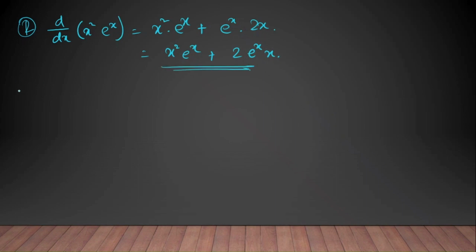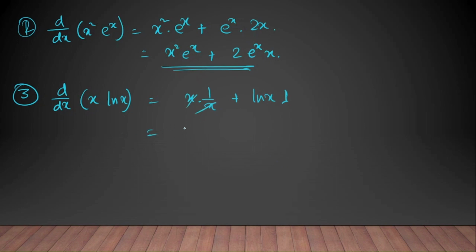And then example number 3, that is d/dx of x into ln x. That will be x into the derivative of ln x, that is 1/x, plus we take ln x and then d/dx of x, that is 1.